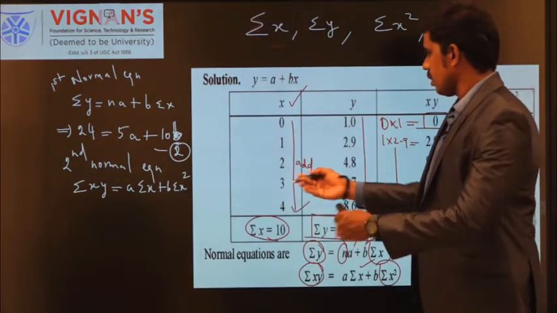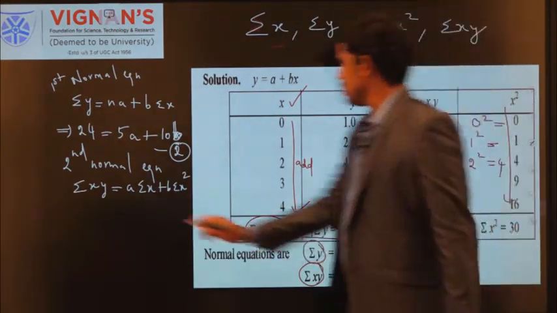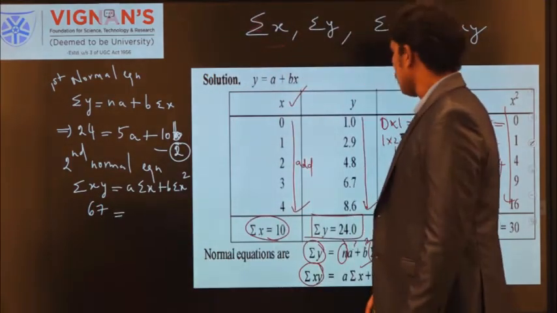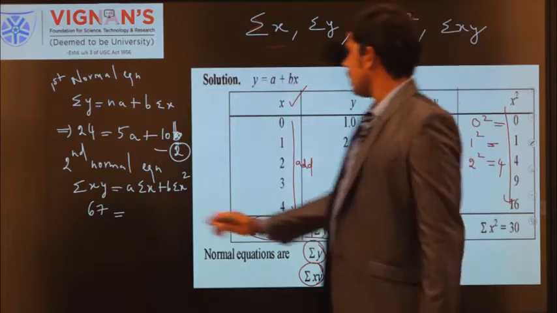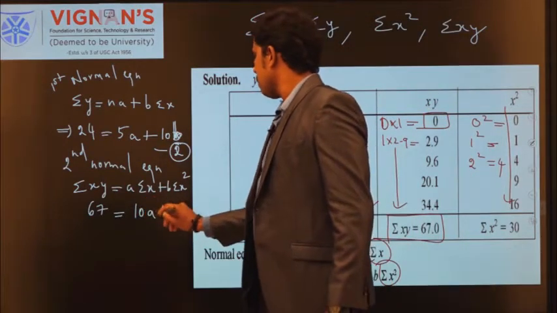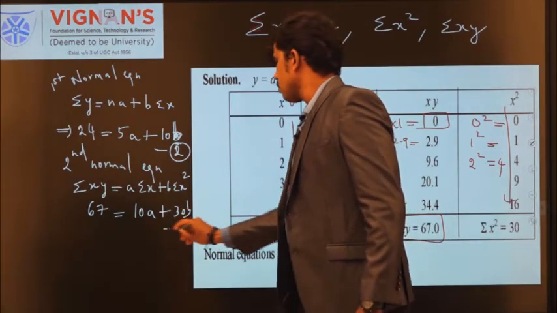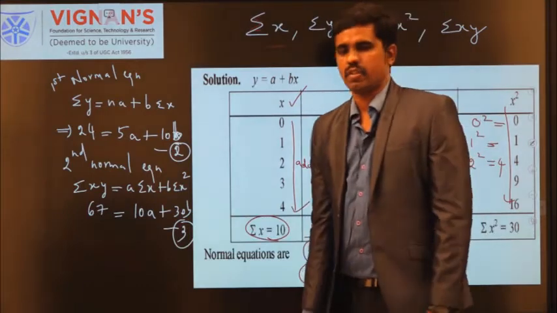So substitute all the values that I am having. Summation xy is 67 is equal to a into summation x, summation x is 10, so 10a plus b into summation x square, 30b. I can denote this as the third equation.